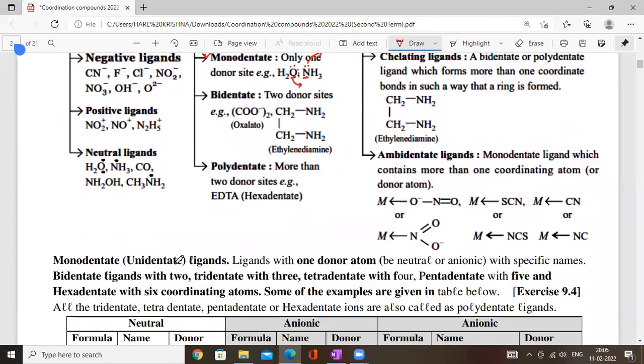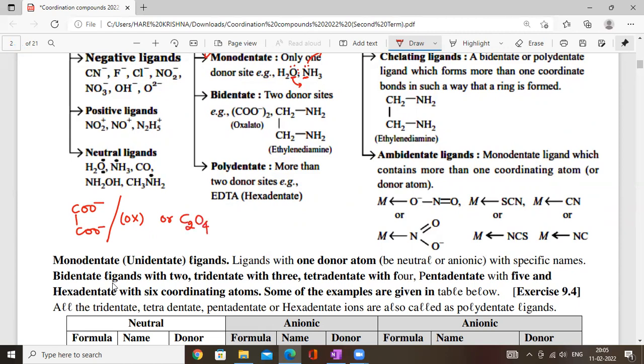So monodentate or unidentate ligands are ligands with one donor atom; they can be neutral or anionic, with a specific name. Bidentate ligands are those which contain two donor sites. One of the best examples is the oxalate ion. We always write the oxalate ion in this way, COO-, COO-, and we can write oxalate as ox in abbreviation, or some other books write C2O4 2-.